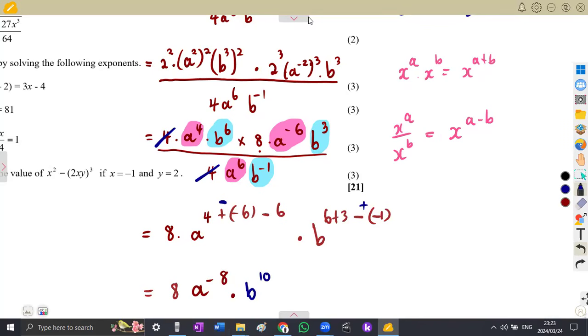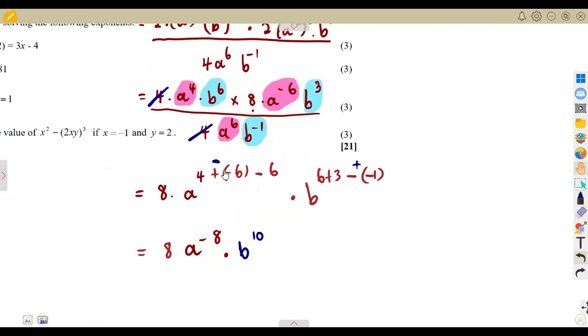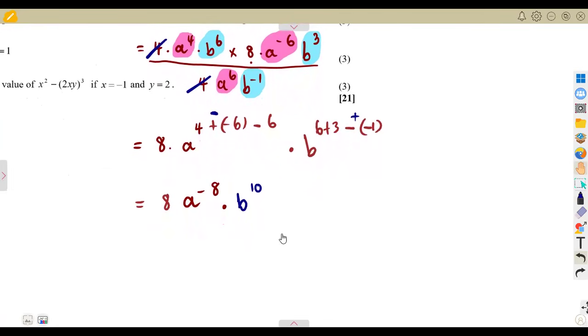All right, we could have just written our answer like this. But the question is, are there no laws that can be applied? There are laws of exponents also to be applied.